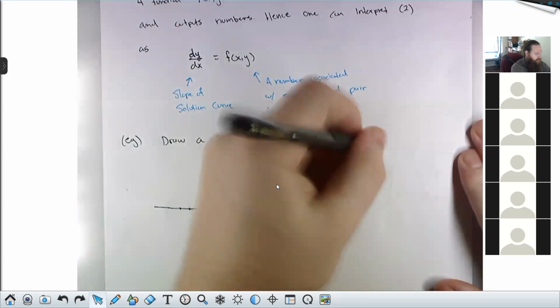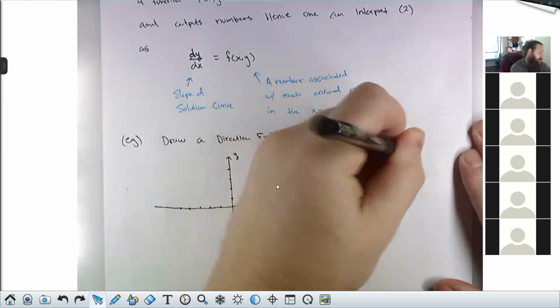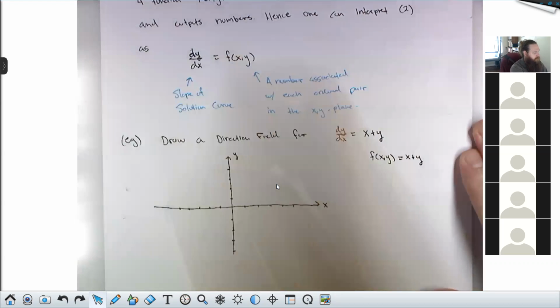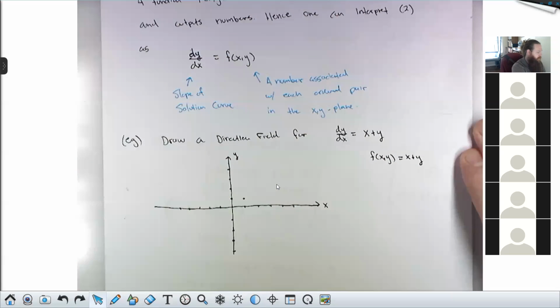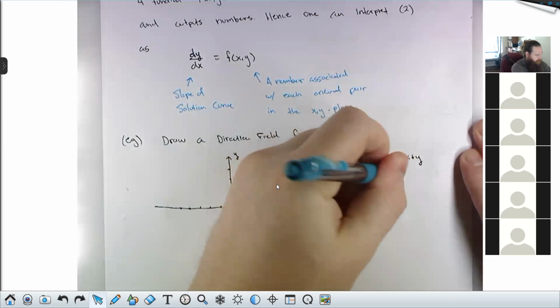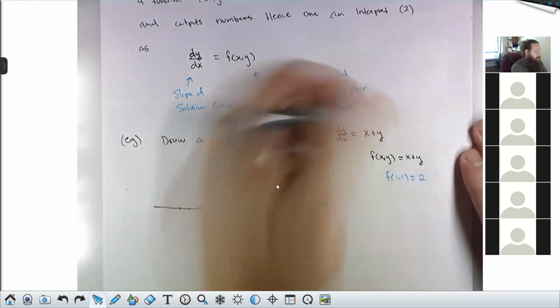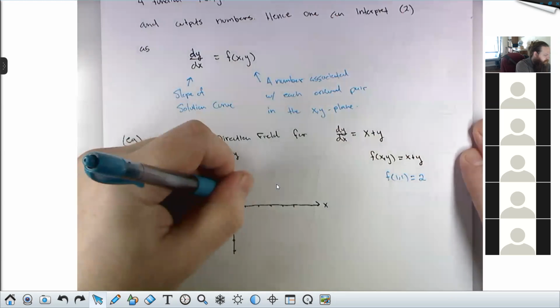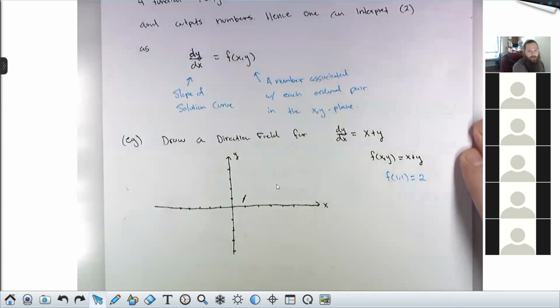So here, f of x y is just x plus y. So if I plug in the ordered pair 1, 1, f of 1, 1 is 1 plus 1, which is 2. Which means that the slope right here of a solution curve would be 2.